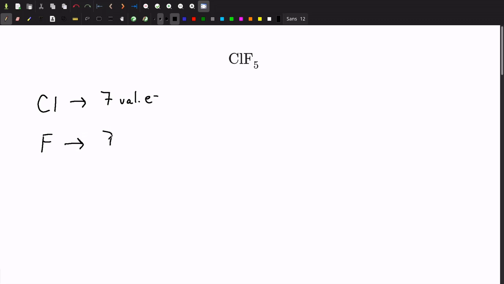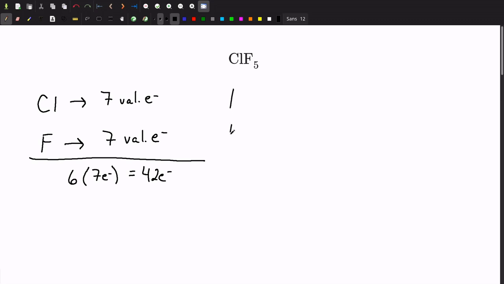Fluorine is also going to give us 7 valence electrons. If we look at our bank, we have 7 plus 5 times 7 electrons, which is 42 total electrons to work with.